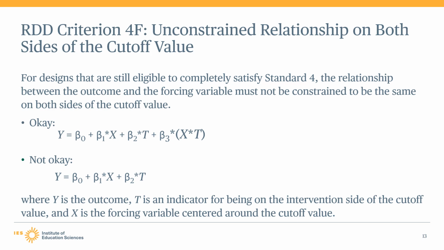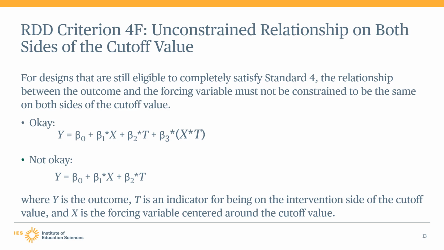Conversely, a regression model omitting this interaction term that only included a main effect for the forcing variable, beta 1, and a main effect for the treatment assignment dummy indicator, beta 2, would not satisfy this criterion because such a model specification constrains the outcome forcing variable relationship to be the same on either side of the cutoff.